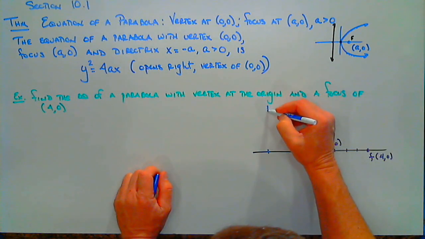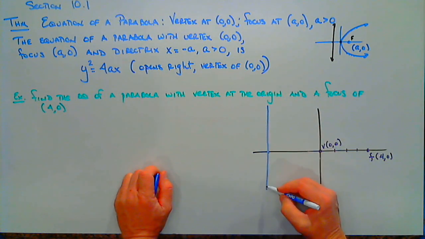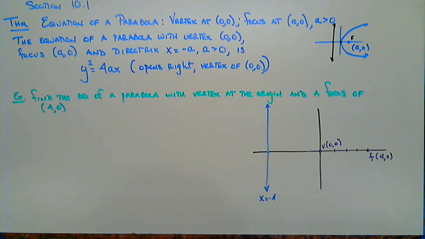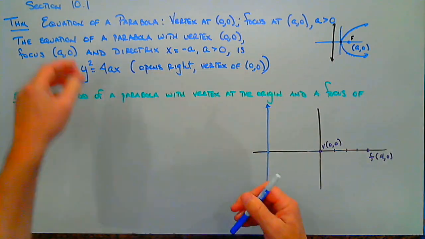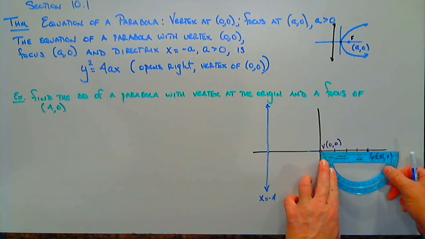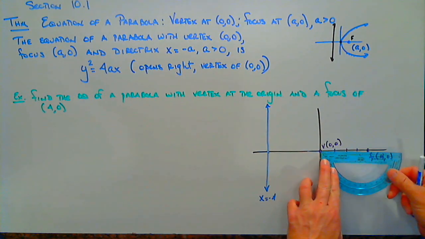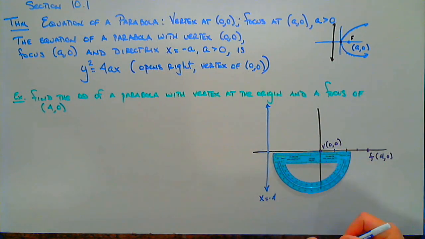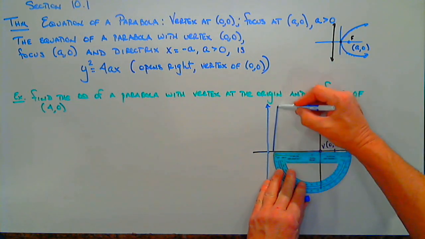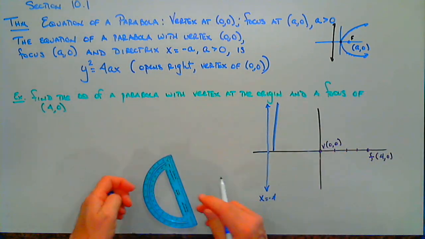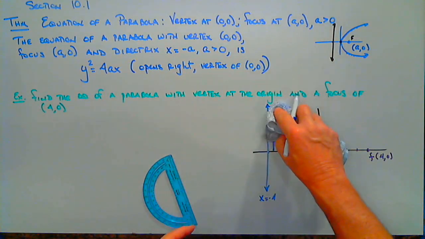So here is our directrix right here. Now, what do we need? Well, we need a better drawing. Let's see how we did. Yeah, that directrix is way off. So let's move that directrix so that we have a better drawing. I'm going to clean this up a little bit.